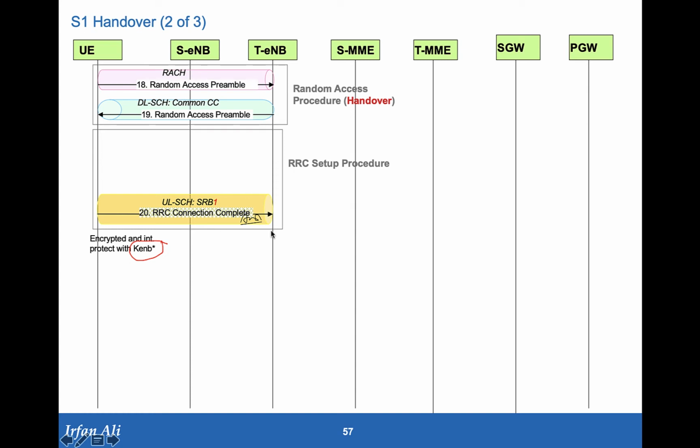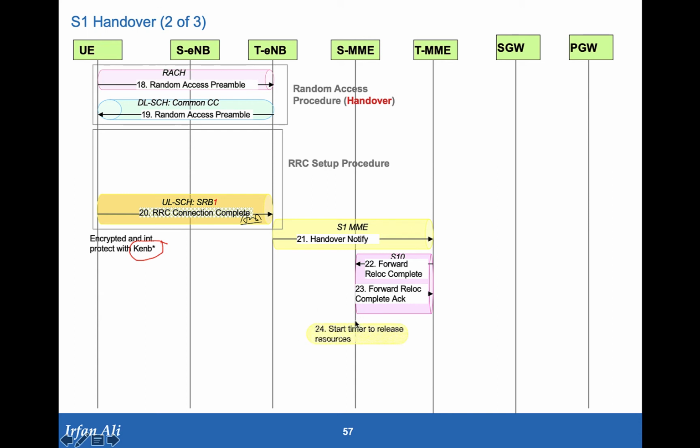And based on this, the target eNodeB goes ahead and tells the target MME, hey, the mobile has shown up, everything has gone well, I have received the mobile, please tell the source MME to go ahead and clean up resources on that side, so everything is hunky-dory.